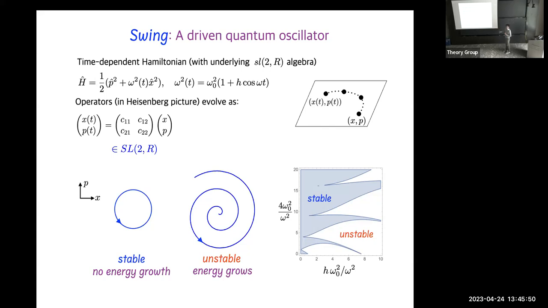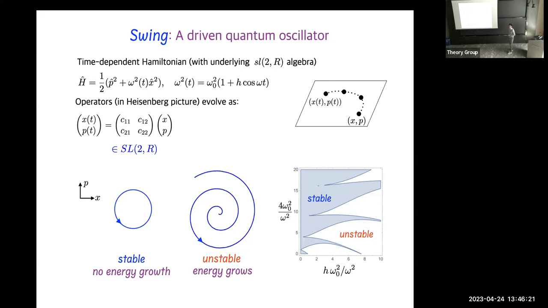However, you're drawing classical pictures, right? You're using quantum language, but those are classical trajectories. Yeah, this is the operator in the Heisenberg picture. And as we tune the other parameters h and omega, x and p can flow to infinity. If you check the energy, it will grow in time. So this is what we mean by stable and unstable.